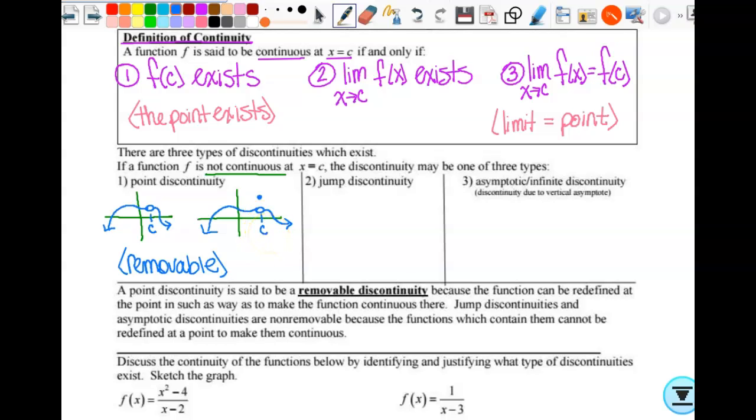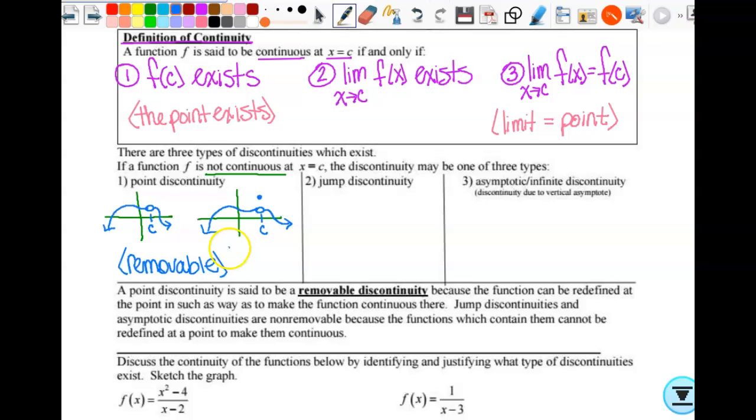So let's talk about what this fails here. f of c here doesn't even exist, right? So we fail with number 1. Here, does f of c exist? Yes, it's right there. Does the limit of f of x as x approaches c exist? Yes. Are those two things the same? No. And that's why it fails on number 3. This one fails on number 1.